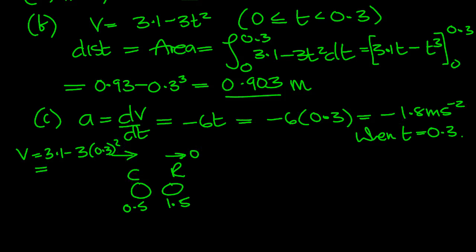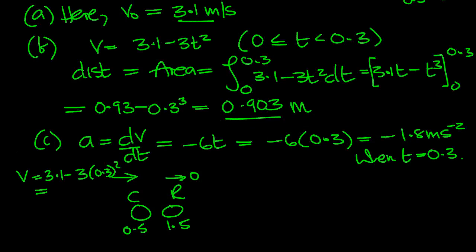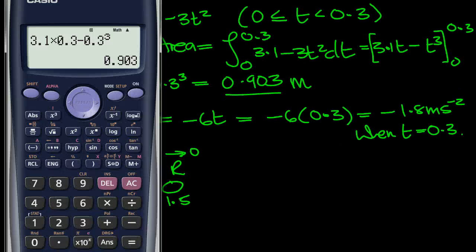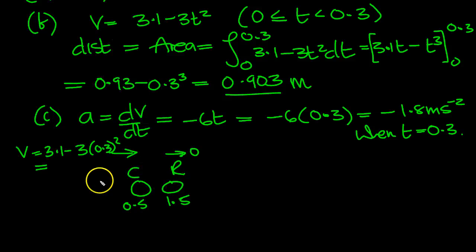Did we work that out before? Let's tap it in the calculator just in case. 3.1 minus 3 times 0.3 squared, wasn't it? That's 2.83. So that's the speed it's moving at there.